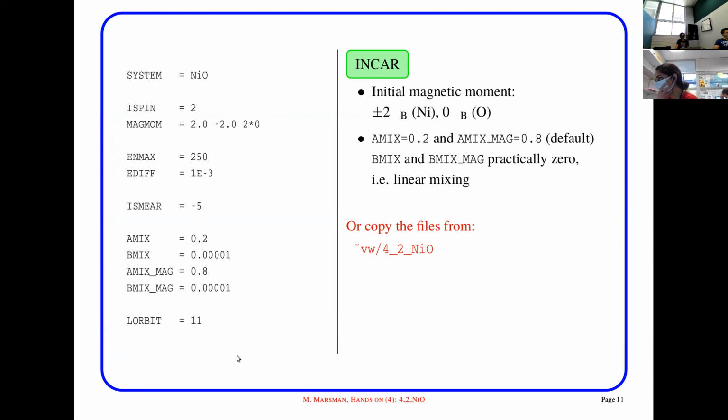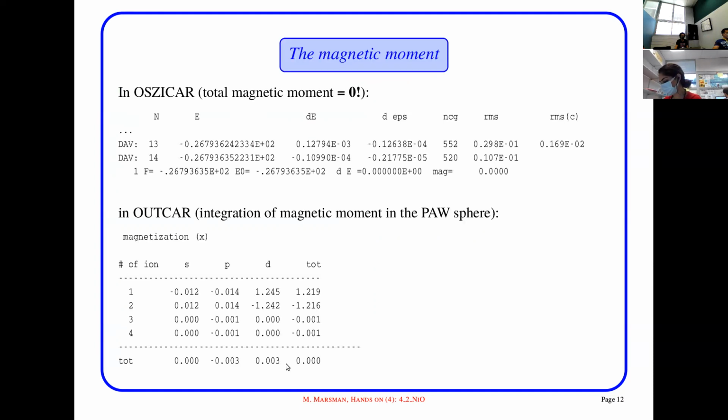Okay? Good. So, done this, you will do this calculation. That is the 4.2, and you see the problem. Okay? Total magnetic moment 0. That is not too problematic because it's antiferromagnetic, so that makes sense.